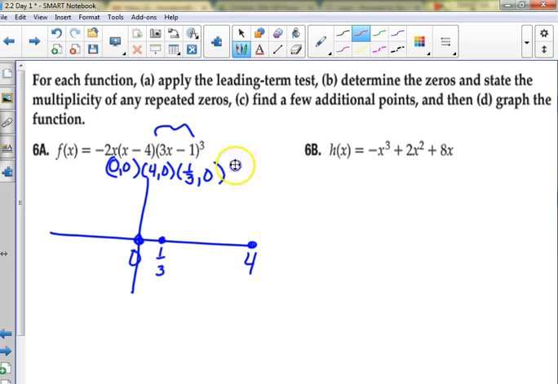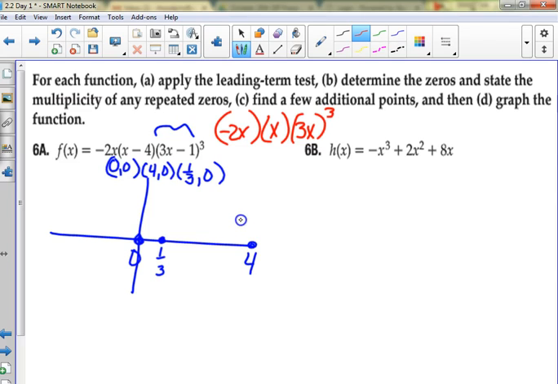Okay. Now, apply the leading term test. That means ignore everything but the leading term and figure out what's going on here. So I have a -2x and I have an x. I'm not going to worry about the -4. And back here I have a 3x cubed.